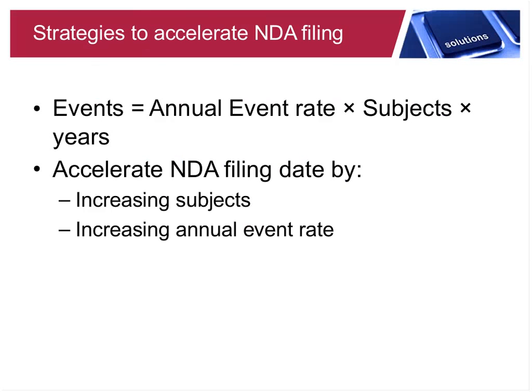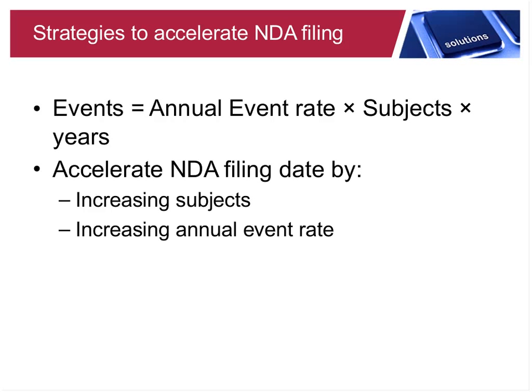The number of events is the annual event rate times subjects times the number of years they are exposed to the drug. Therefore, acceleration of the NDA filing can be done by increasing the number of subjects. The question is, is big always better? We will take some lessons from SAVOR in the next slide. Also, you could increase the annual event rate. But another interesting question is, is the highest rate always better?